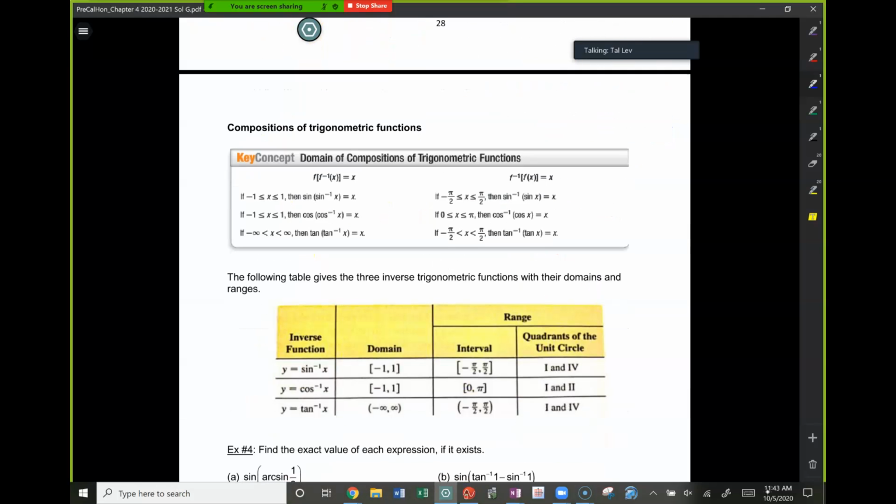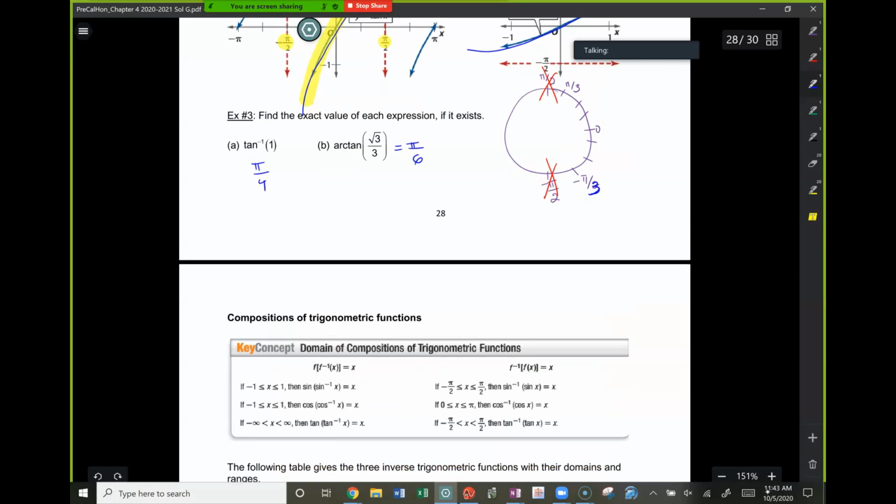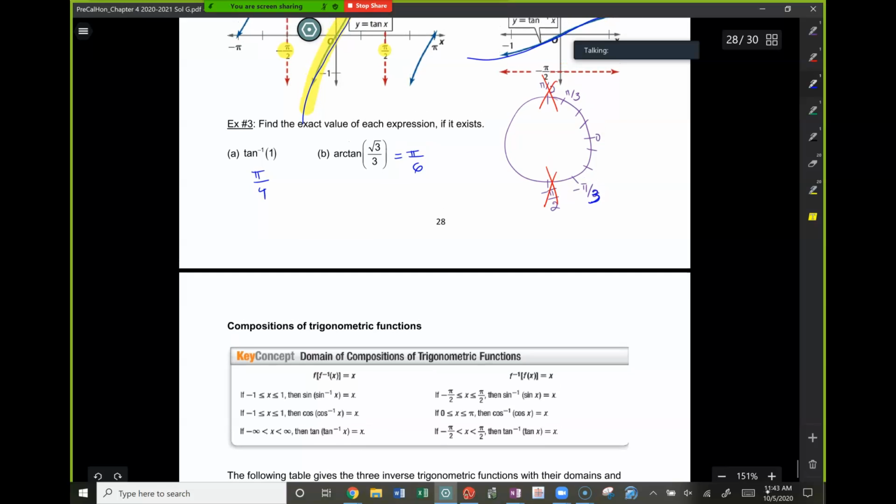So what I have here. I get that answer though for B. For B, the tangent of pi over 6. If we have pi over 6, what does that look like? You have 1/2 on that side and root 3 over 2 here.